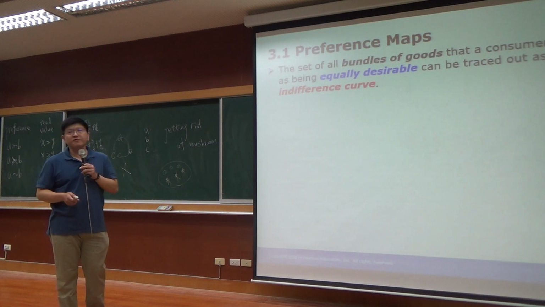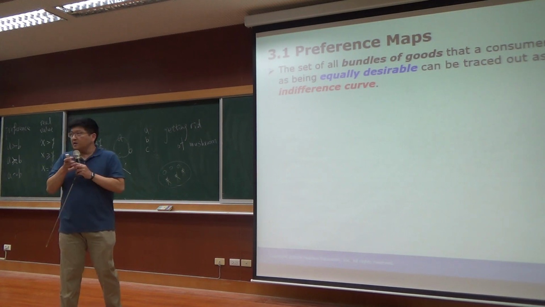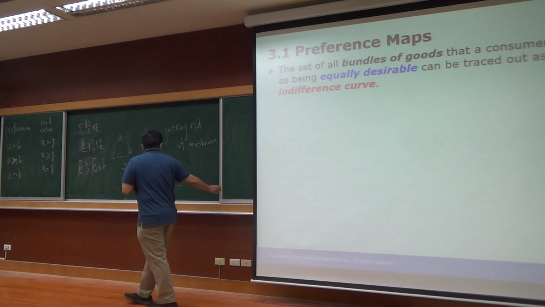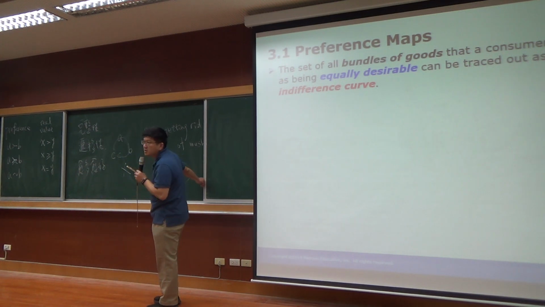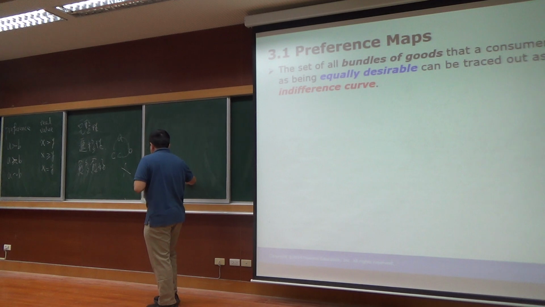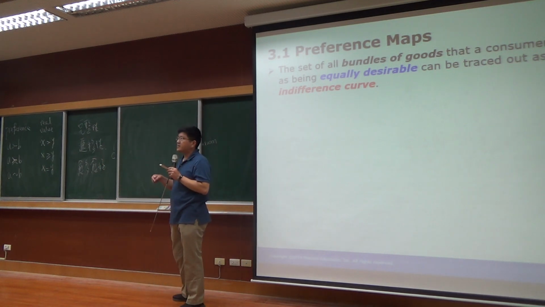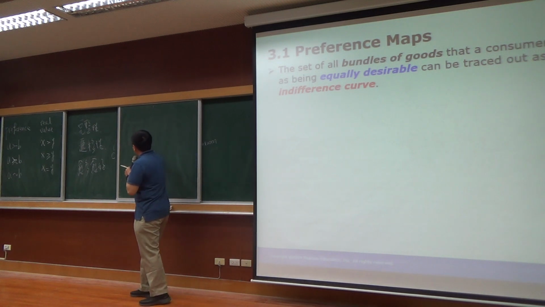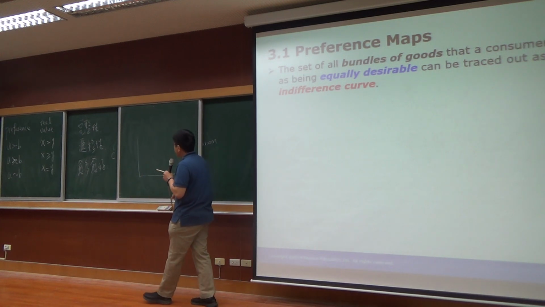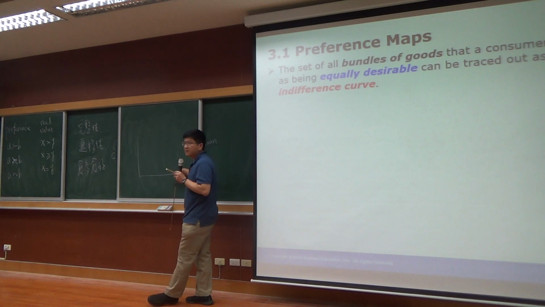And the set of all bundles of goods that a consumer... The first thing I need to tell you is why we use a bundle of goods. In this class, it is a medium level of microeconomics, and we may have diagrams like this, 2-dimensional diagrams.